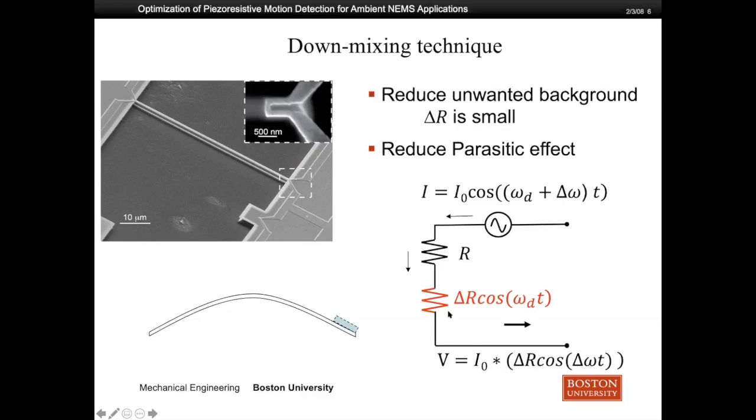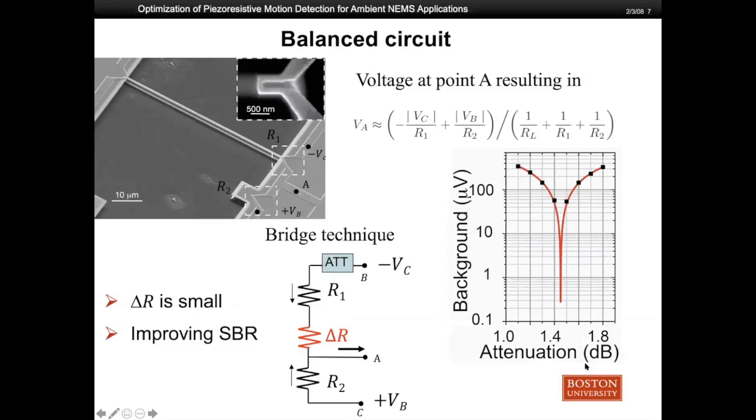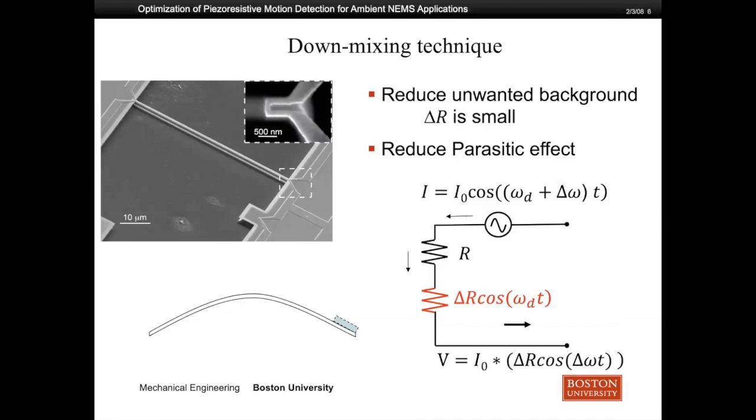In that case, if we measure the voltage at this point, the measured signal will be effectively mixed down, because these two cosines are mixed down to the delta omega. And in the general case, delta R is much smaller than R.